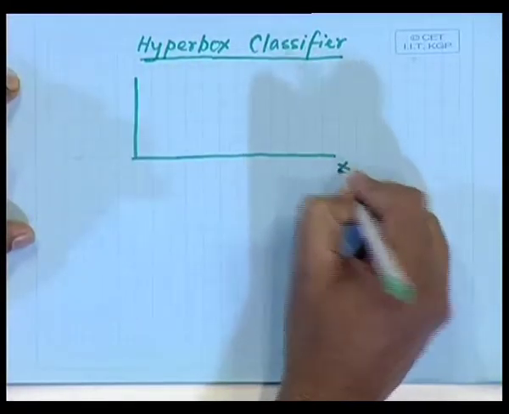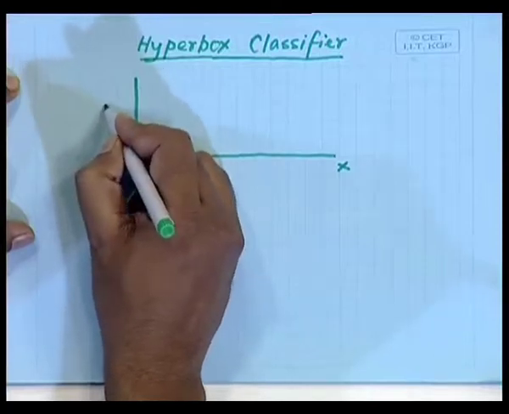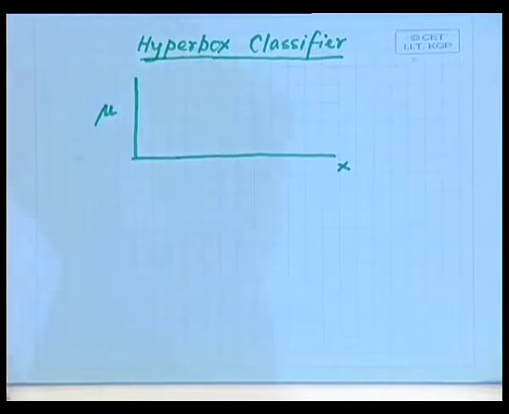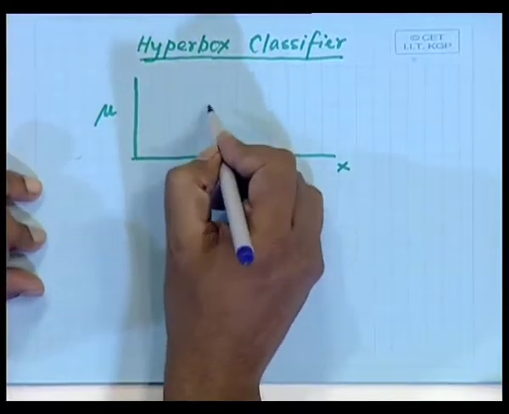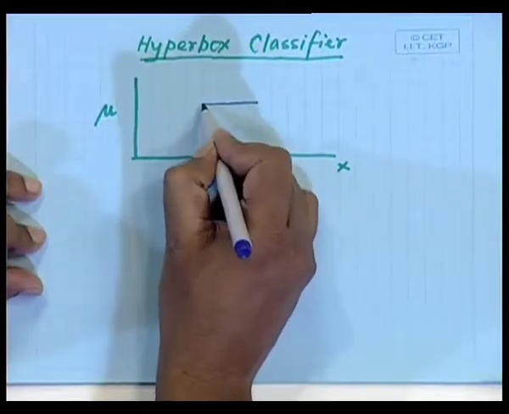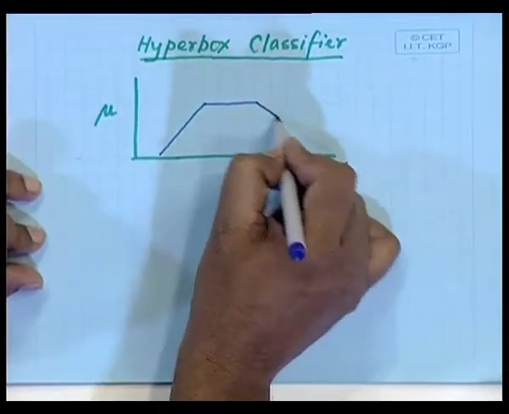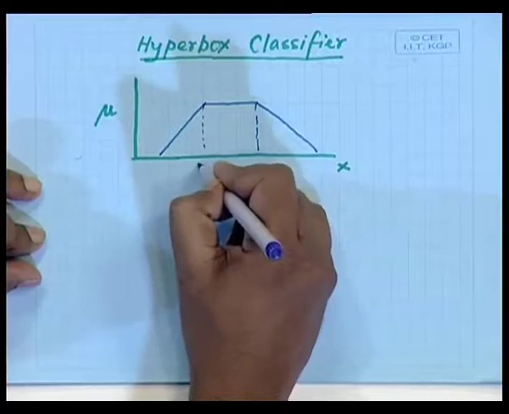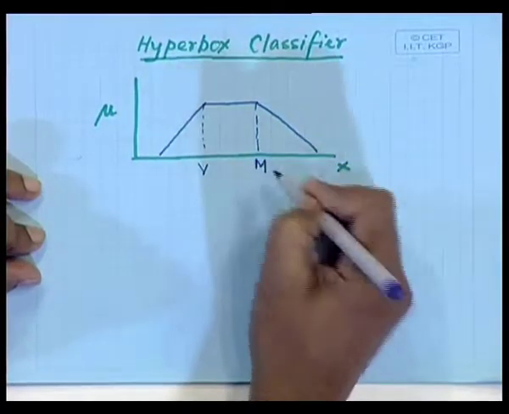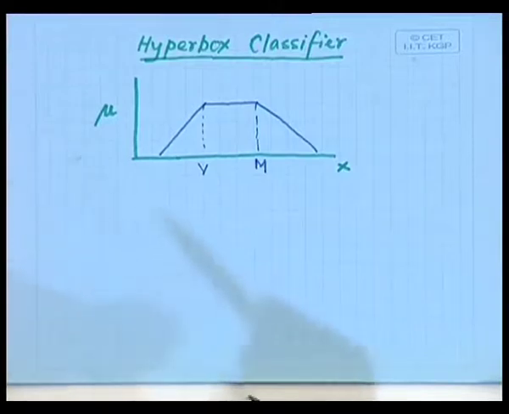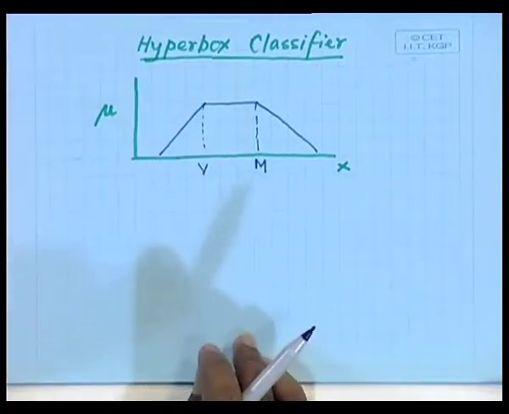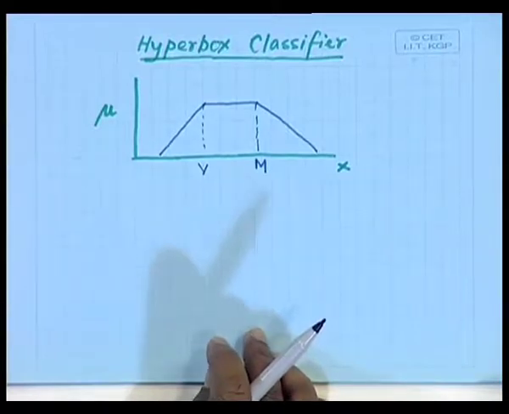If this is the direction of the feature and on this side I put the membership value mu, and I define a trapezoidal fuzzy membership function like this, where these are the min points and max points, because as we said the hyperbox can be represented by a min point and a max point, and accordingly it is called a min-max hyperbox.